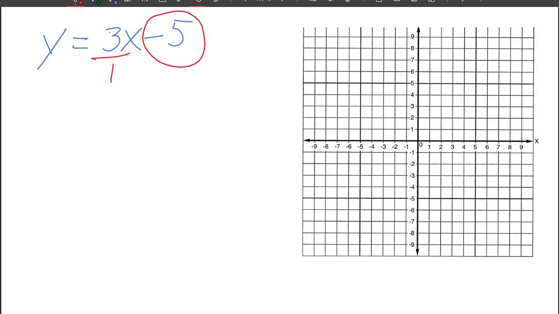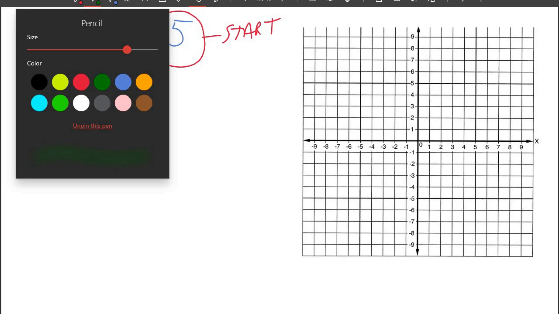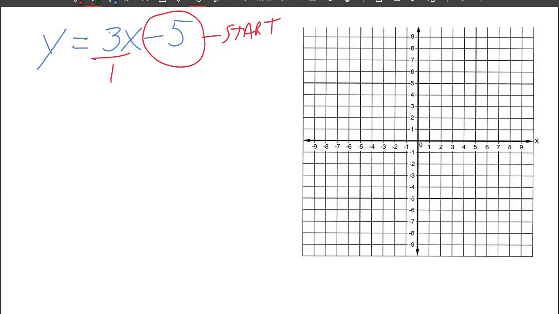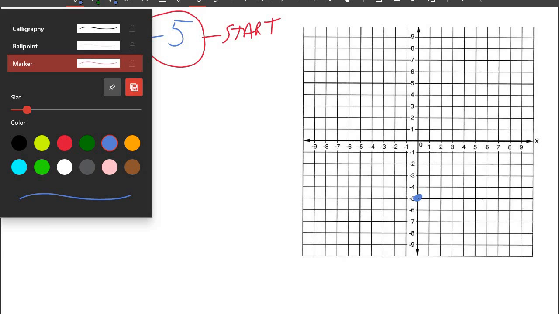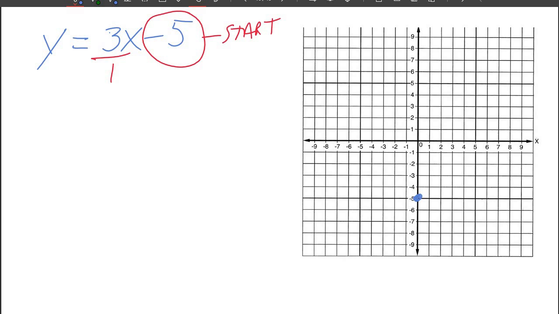This number at the end, remember, is my starting point. So we're going to find negative 5 on the y-axis. Now it's up 3 and to the right 1.